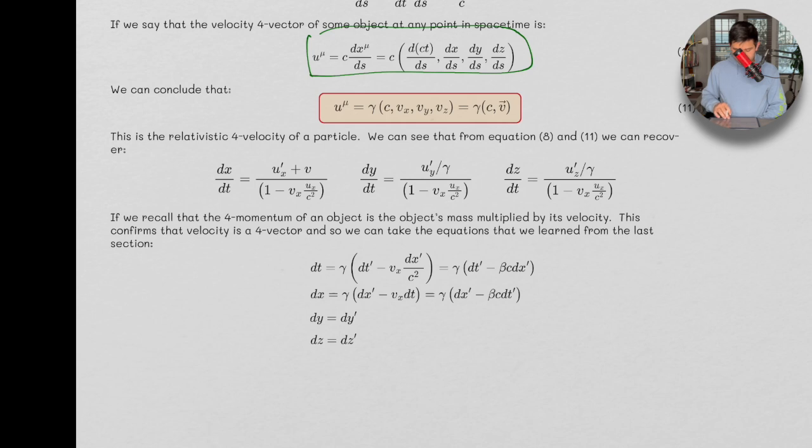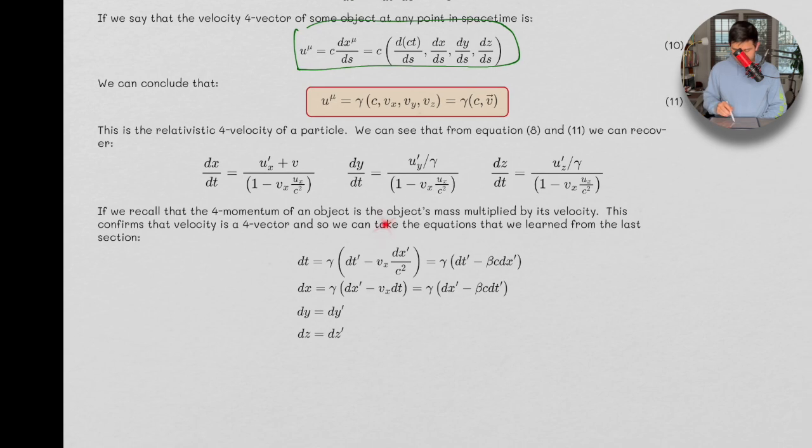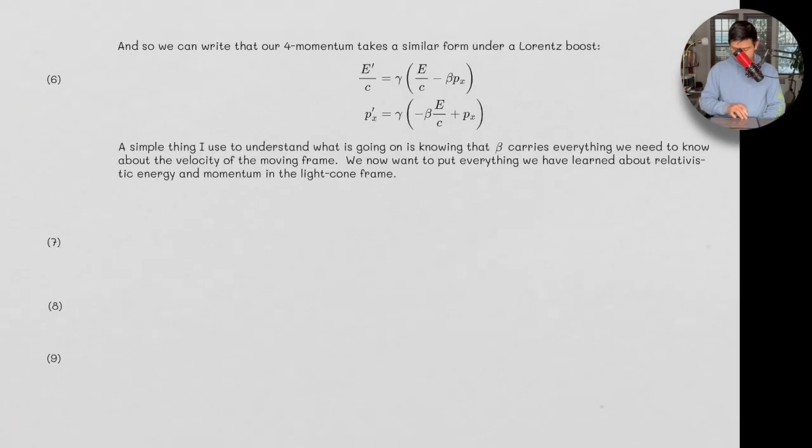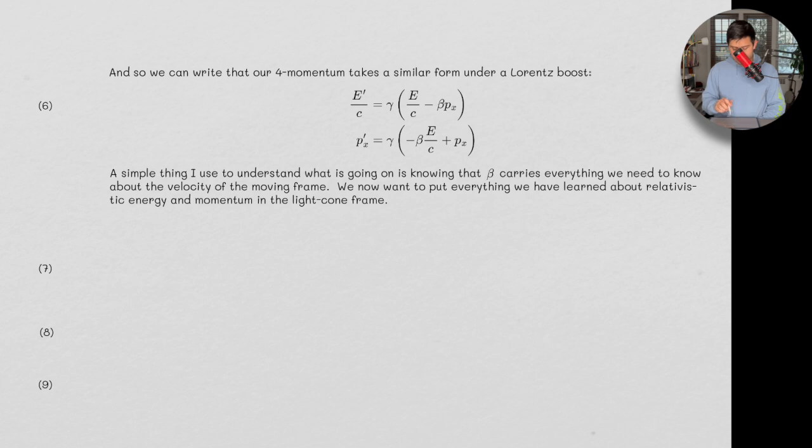Recall the 4 momentum of an object is the object's mass multiplied by its velocity. This confirms that the velocity is a 4 vector, so we can take the equations that we learned from the last section. Okay, so in the last section, we got these equations, and from those, we can rewrite our energy and our momentum in this way, right?